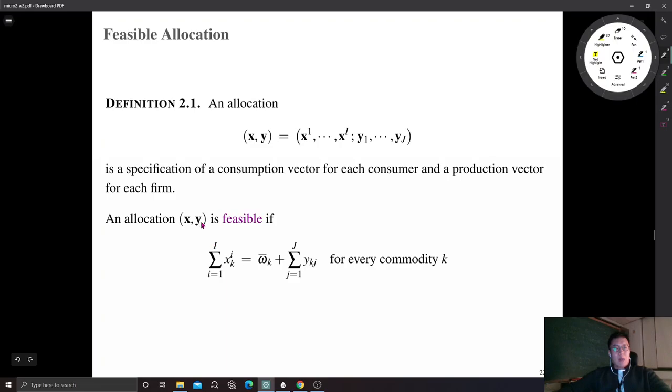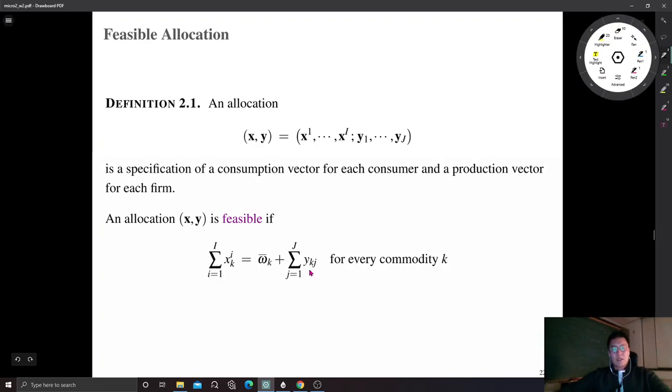Okay, and we say an allocation is feasible if, for each commodity k, the aggregate consumption, the summation of x_k^i where i goes from 1 to I, is a total demand for commodity k. And what is the total supply of commodity k? There is first an initial endowment of commodity k that is given by omega k bar, and some additional commodity k might be produced.